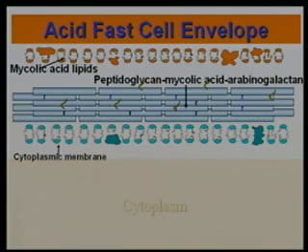For simplicity, in a sense they do have an outer membrane because they have a waxy layer. I purposely drew it a different color to the cell membrane because I want to make clear it's not a regular membrane. It's got all sorts of weird things there which are so complicated that chemists spend their lives working out their structures, and I'm not joking on that one. Mycolic acid lipids are found in this layer.